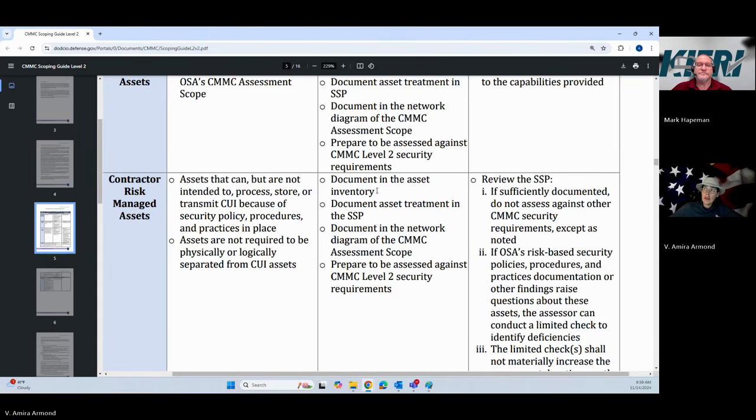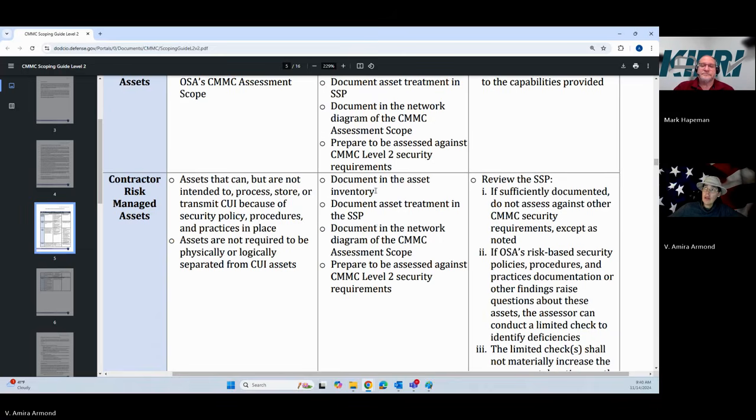And in the DoD's mind, that meant even stuff that's not supposed to deal with CUI, they wanted you to do patching and vulnerability scanning and network communications and all that stuff, right? Good hygiene. Apply the protections across your entire CUI network.